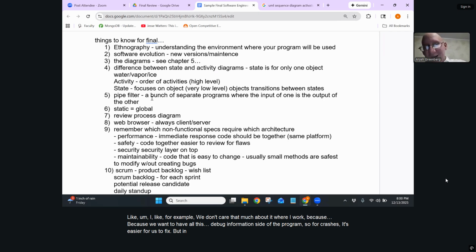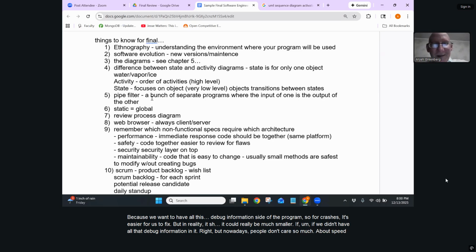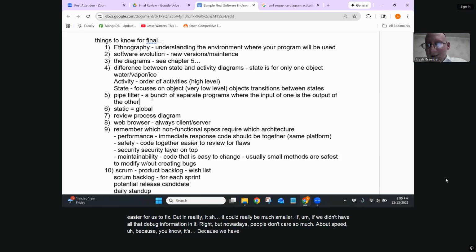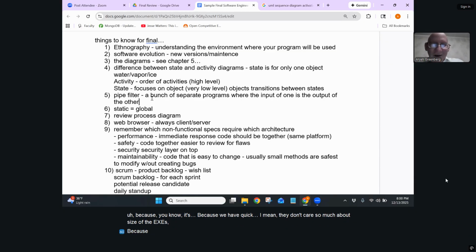But in reality it could be much smaller without it. Nowadays people don't care so much about the size of the EXEs because we have fast CPUs.